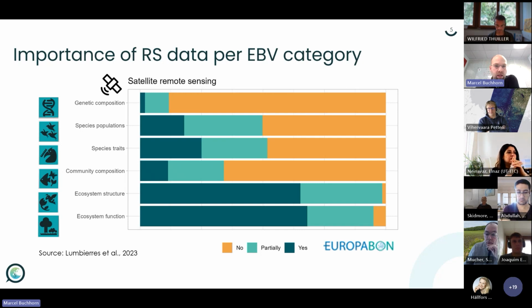For genetic composition, species populations, species traits, and community composition, remote sensing is not always the best available data source at the moment, and they are mainly based on fieldwork and in situ measurements.